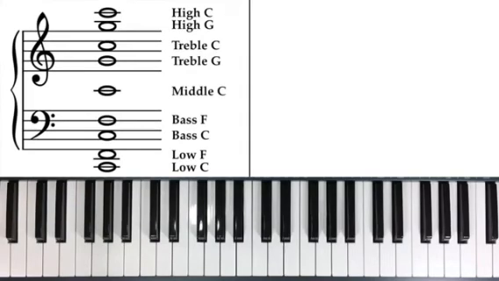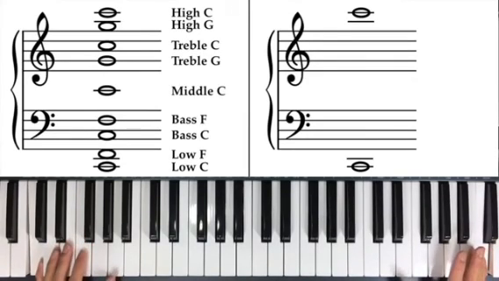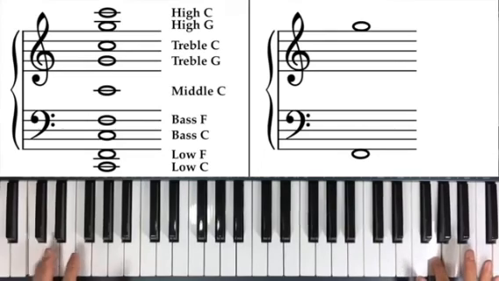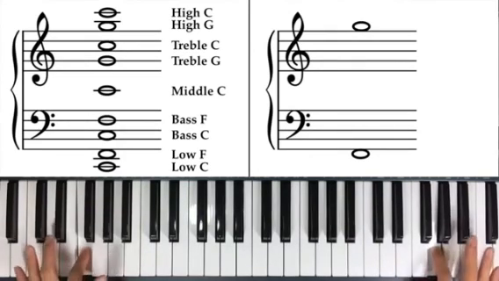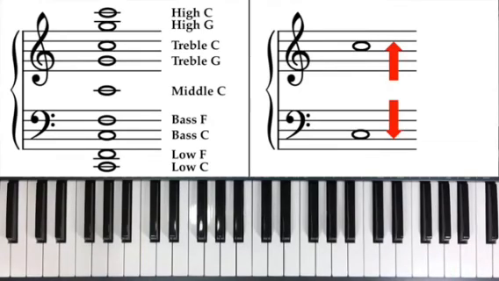In treble clef, the landmarks are just Cs and Gs, and in bass clef, the landmarks are all Cs and Fs. Visually, it's easy to remember. On the outsides, you have high C and low C, which are 2 ledger lines out. And then you have high G and low F, which are touching the staff on the outside, right, just on the space. And then within the clefs, it's inverse. So you have your treble C, which is 3 lines from the bottom of treble, and you have your bass C, which is 3 lines from the top of bass.